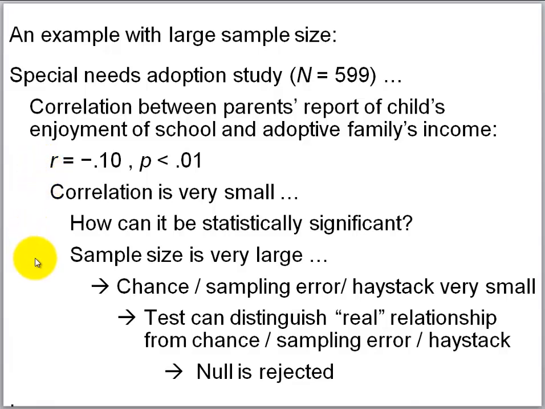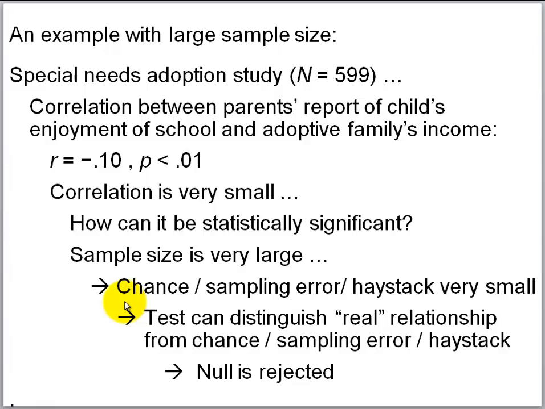And the answer is that sample size is very large. When sample size is very large, sampling distributions tend to be narrow and compact. Another way to say that is that sampling error is likely small, that the effects of chance are minimal.